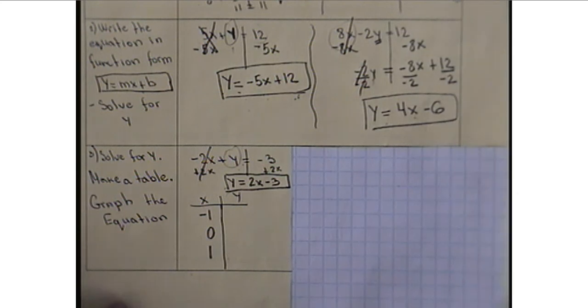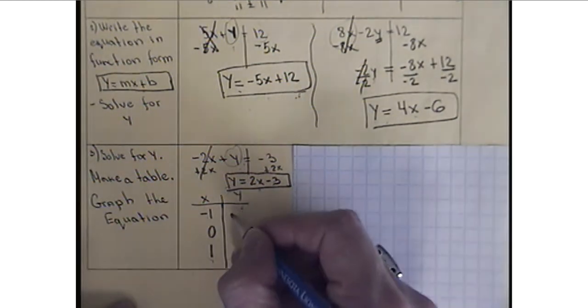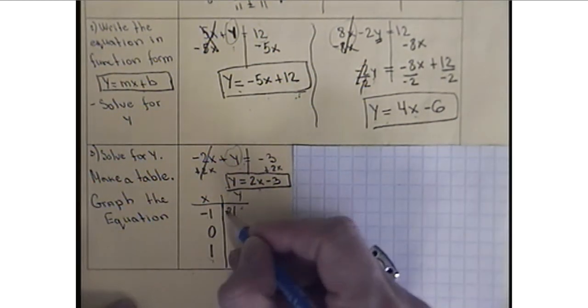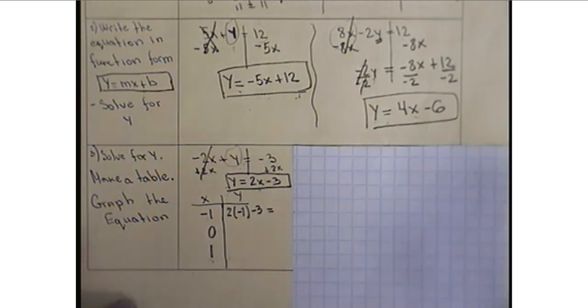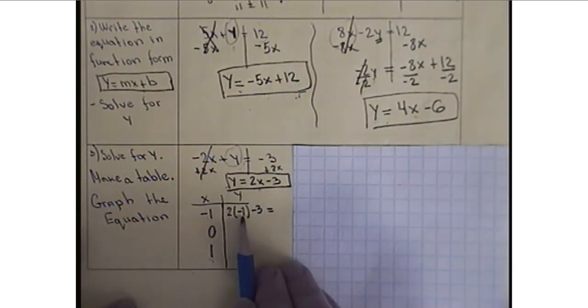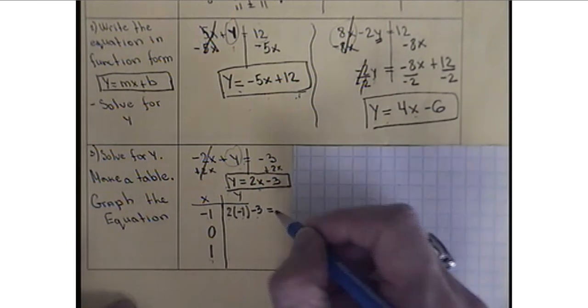So what do we need to do? We're going to substitute the x value into the equation and calculate what y is equal to. So this will be 2 times x, which is negative 1, minus 3. That will be equal to, so 2 times negative 1 is negative 2, minus 3 will give us negative 5.